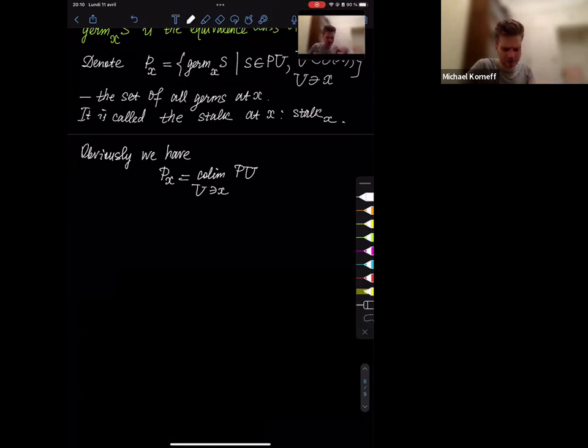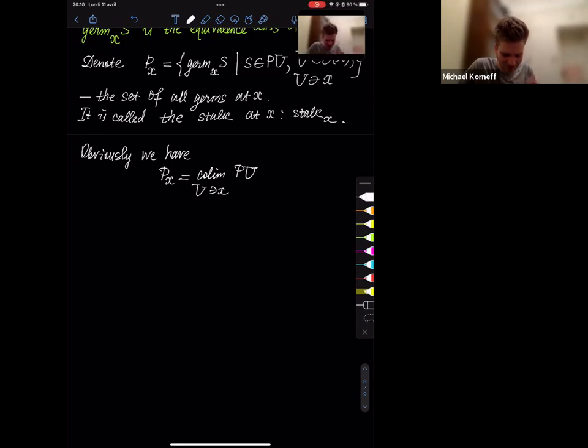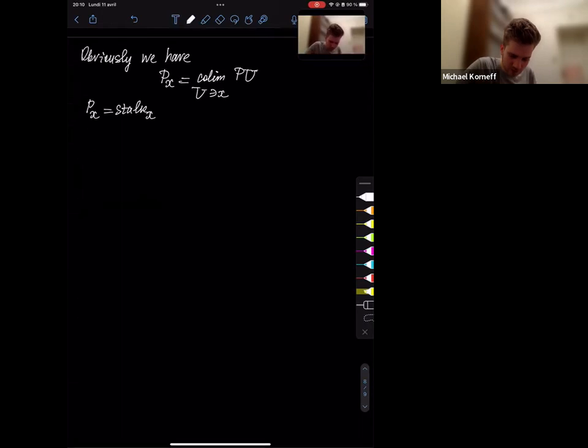If we take different U and take the colimit over PU, then we will obtain obviously Px. Px is the same as the stalk at x. Okay. And now we can notice the following fact.